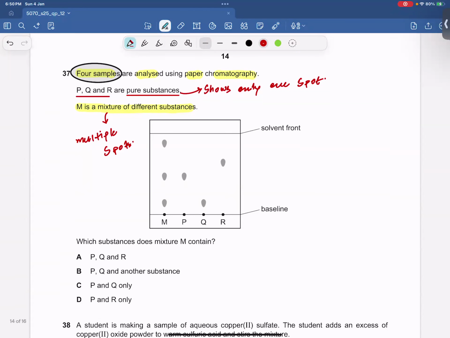Which substances does mixture M contain?